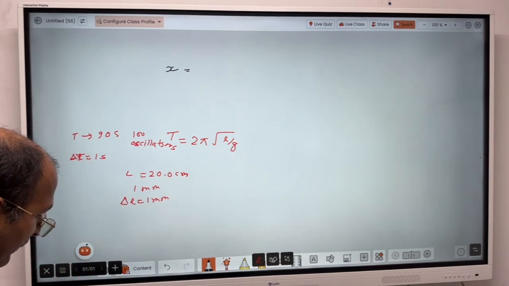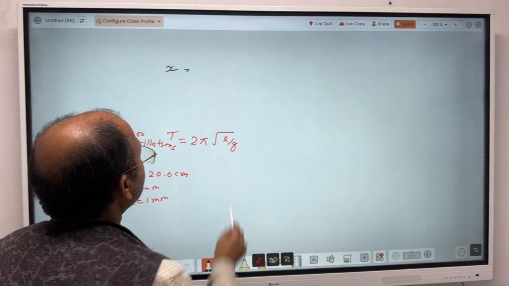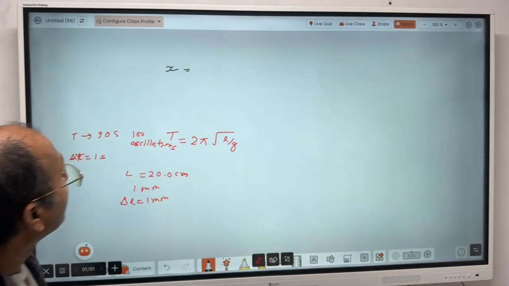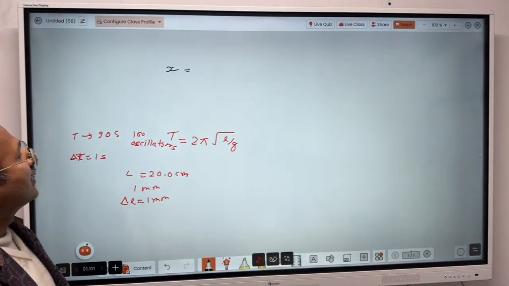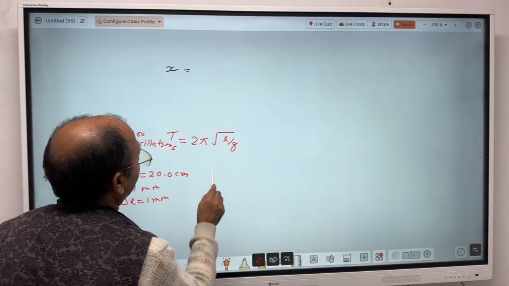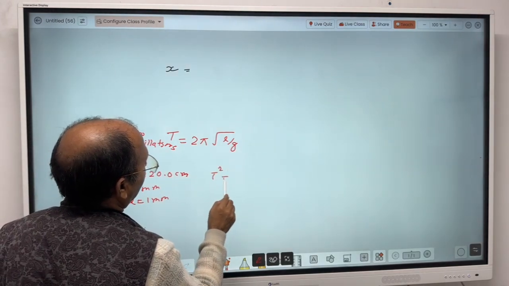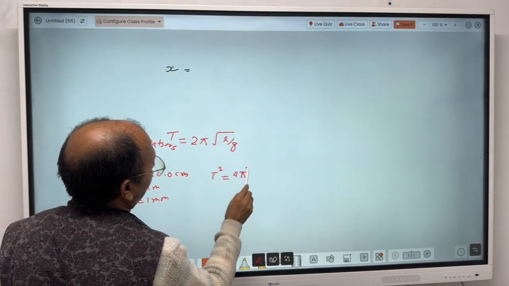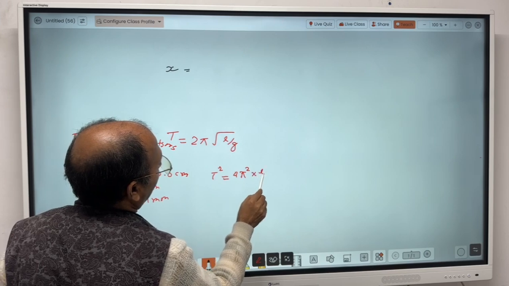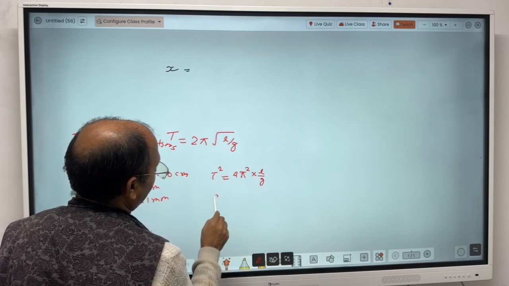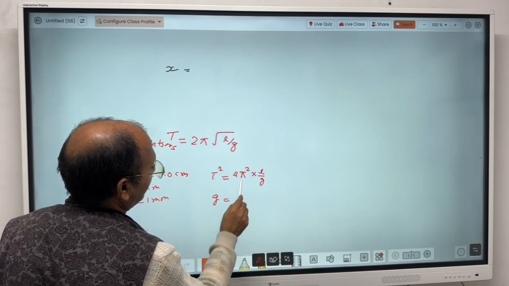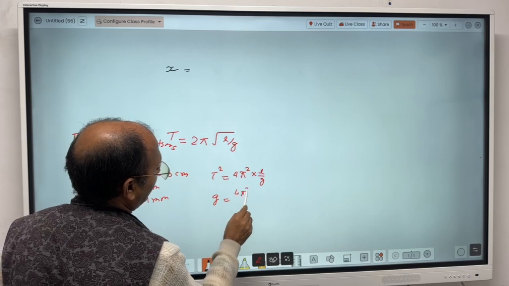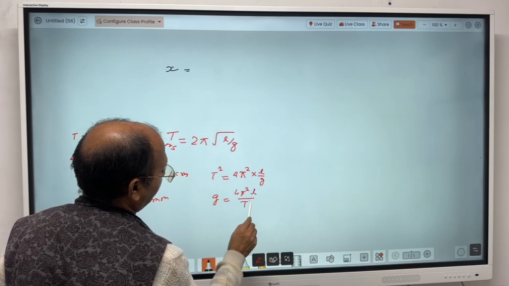So we have to find out the accuracy in the measurement of small g. So first of all, we have to write this equation in terms of g. For that we can write T square is 4 pi square into L upon g, or g equals 4 pi square L divided by T square.